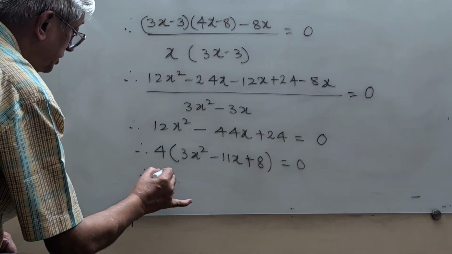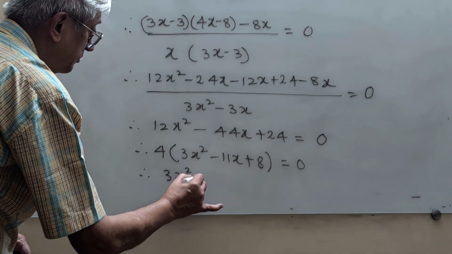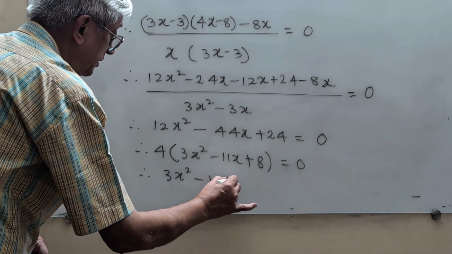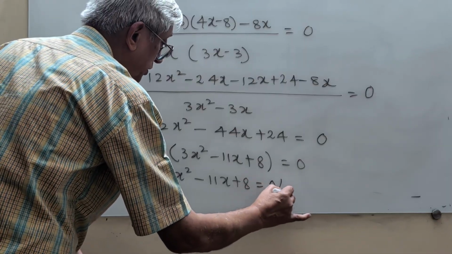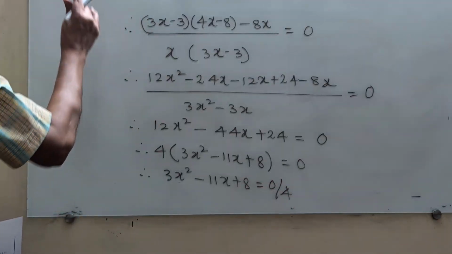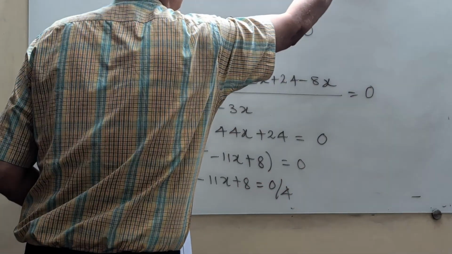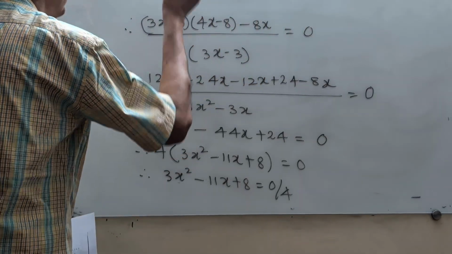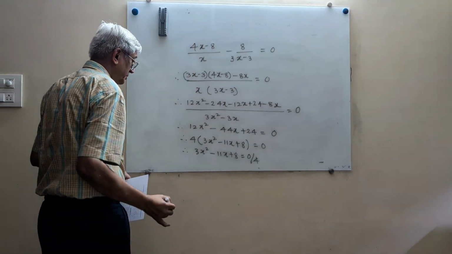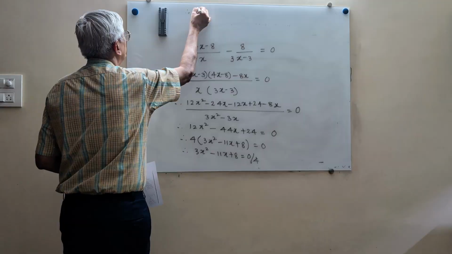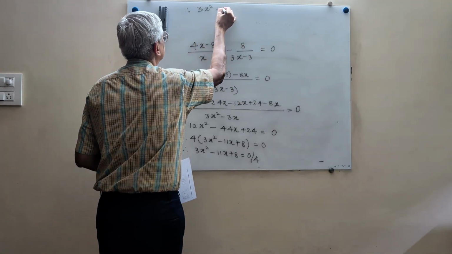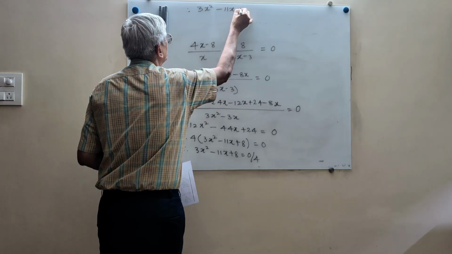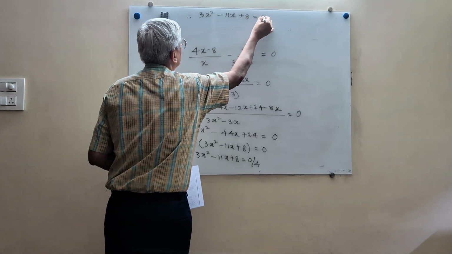Therefore, 3x squared minus 11x plus 8 is equal to 0 by 4. Therefore, 3x squared minus 11x plus 8 equals 0.